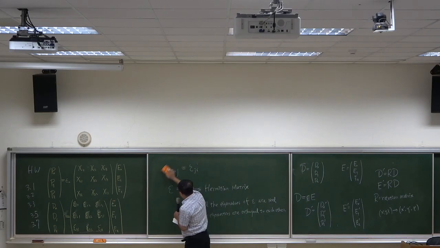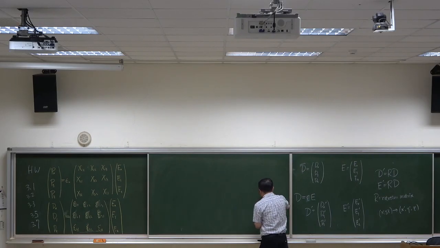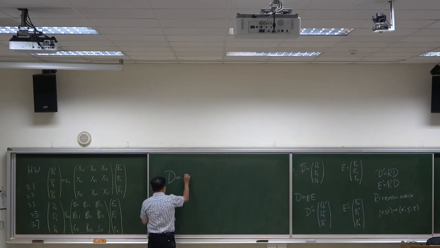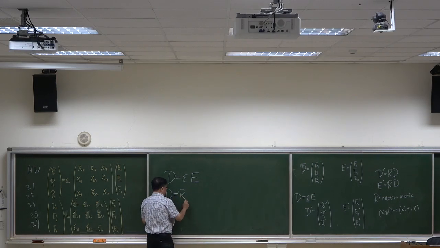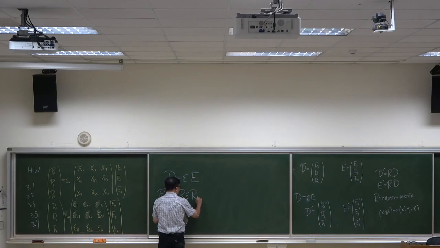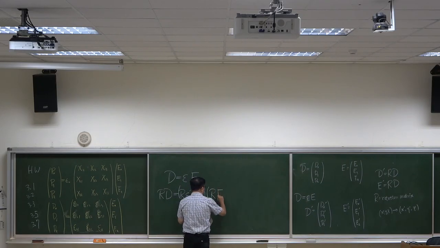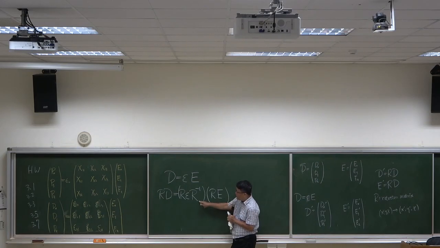Now we see that we have this relation between D and E. D is epsilon times E. So if I multiply our matrix R to D, I get R epsilon R inverse times R E. Okay. Here, R inverse R is equal to unit matrix, identity matrix.